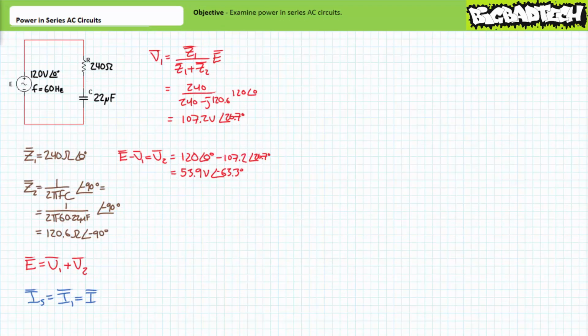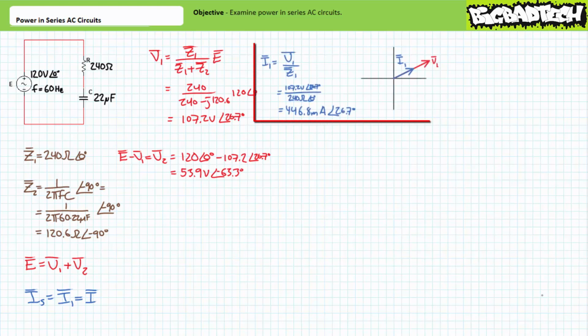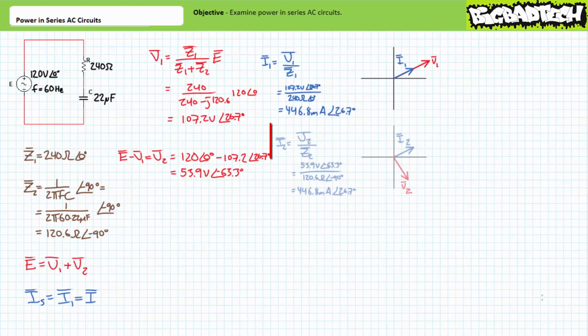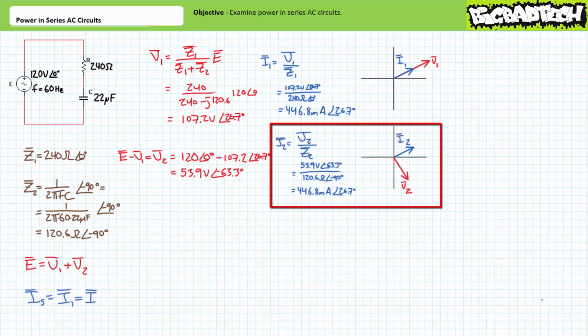Note the summation of the individual voltage drops, accounting for direction, equal our applied voltage of 120 volts at an angle of 0 degrees. Ohm's law illustrates that the current through Z1 is 446.8 milliamperes at an angle of 26.7 degrees. An Ohm's law calculation for the second impedance yields the same result.